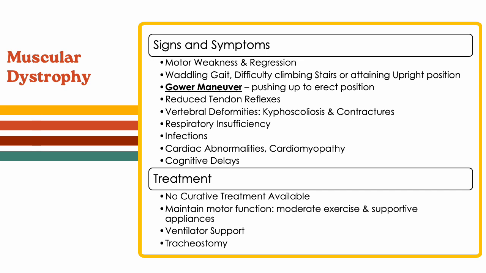You'll have vertebral deformities. You may have kyphoscoliosis, which is a combination of kyphosis and scoliosis. You may have contractures. It can progress into life-threatening issues such as respiratory insufficiency. You can get cardiac abnormalities and cardiomyopathy. You can have cognitive delays and infections.